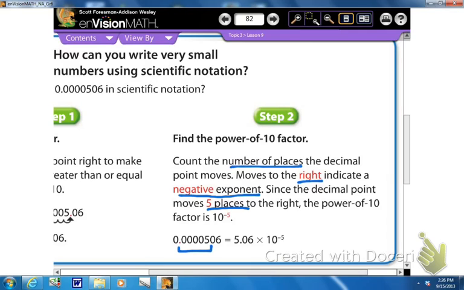You are now going to multiply 5.06 times 10 to the negative 5th power, because if you worked this out, it would, of course, equal this number over here. And when you multiply a number by the negative power of 10, that means you'll move the decimal back to the left 5 places, which would make it this very small number.